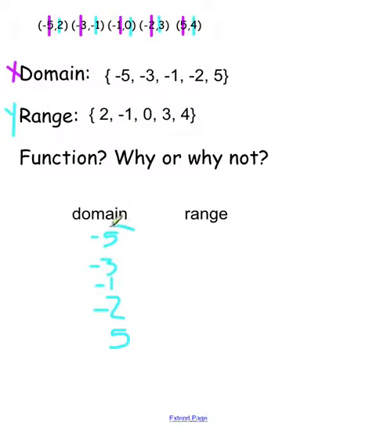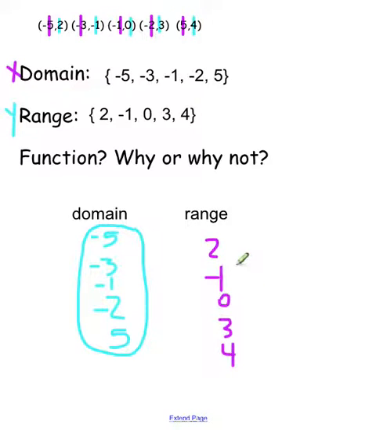That's my domain group. And then I have a range group. I'm going to copy my range right here. 2, -1, 0, 3, and 4. And that is my range group.